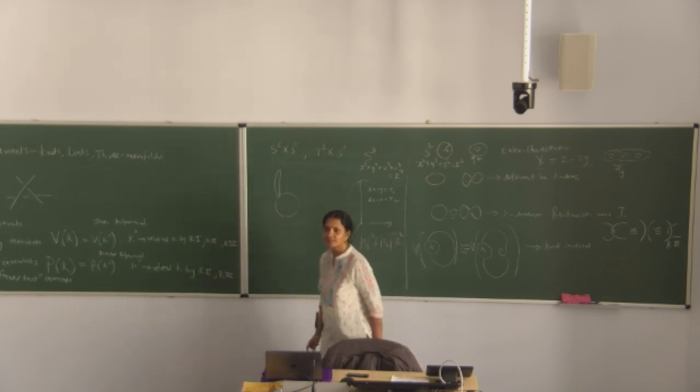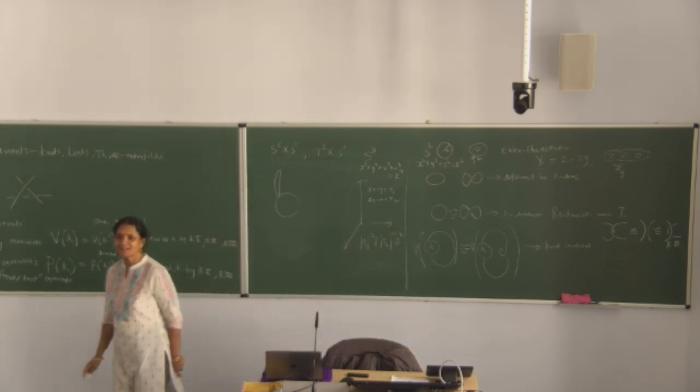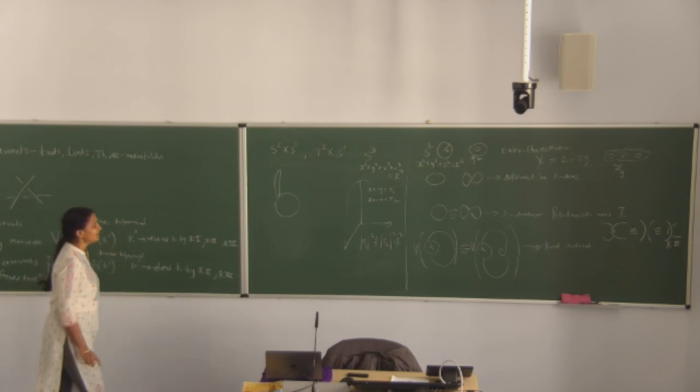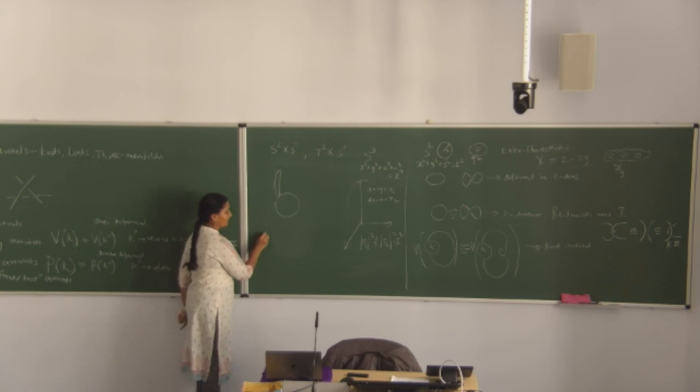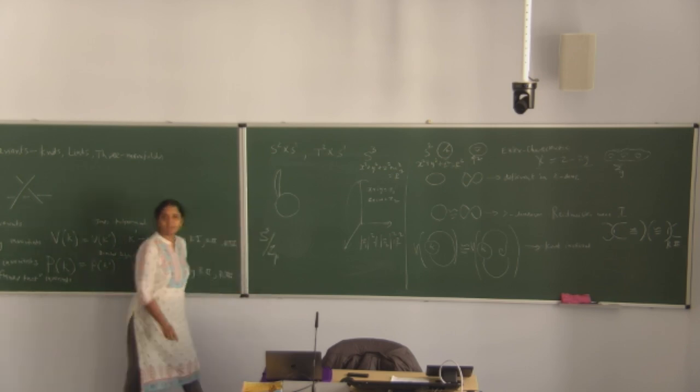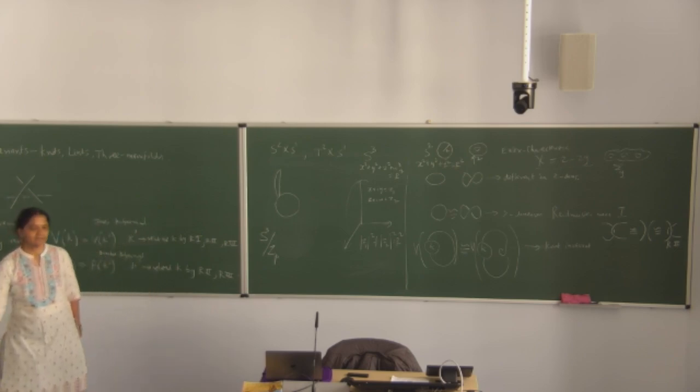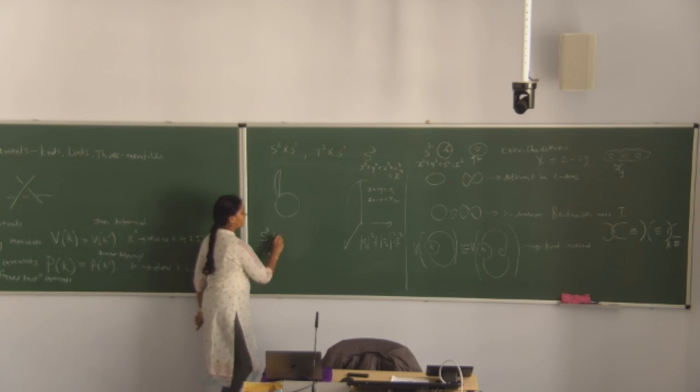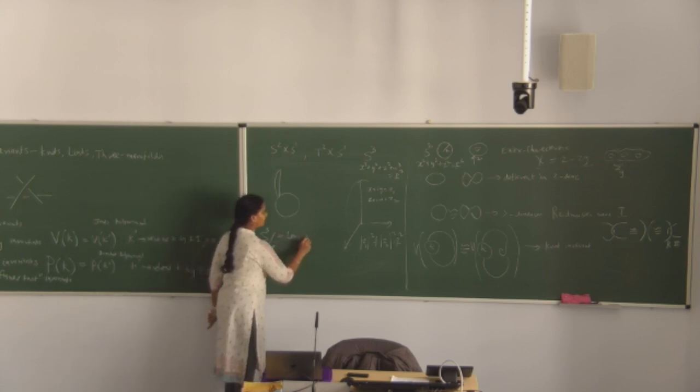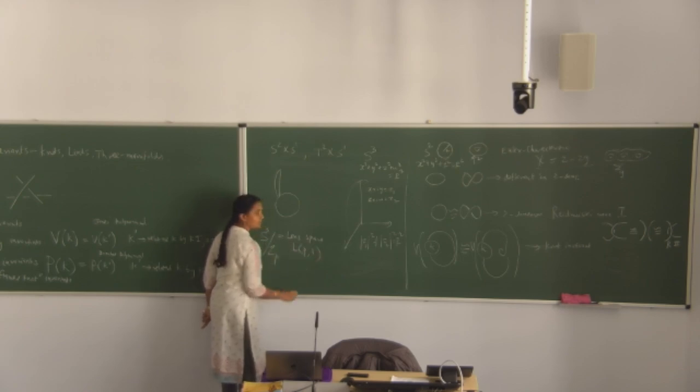Okay. So why did I bring this complex coordinate? Now we can start seeing other kinds of 3 manifolds. Let's say S3 mod Zp. These are sometimes denoted as lens space L(p,1).